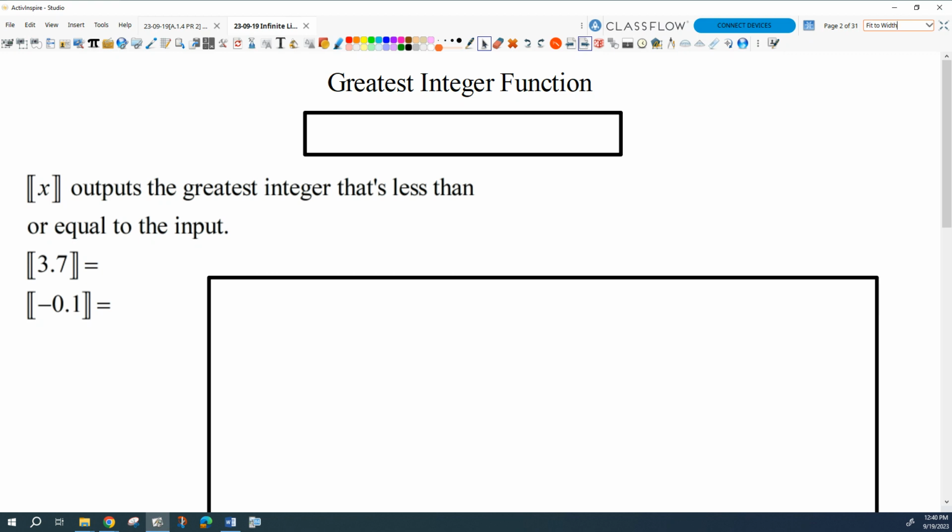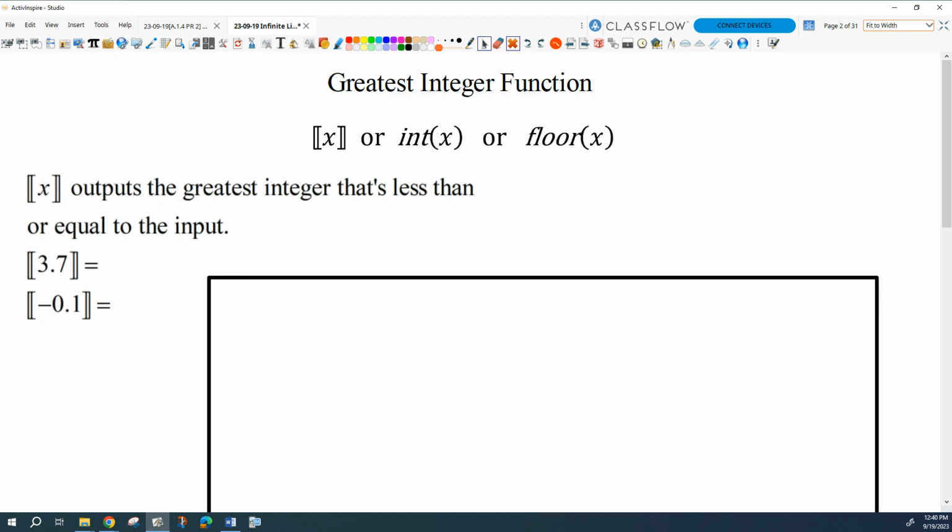Some other ways of saying this: a lot of times, on Desmos or on your TI-84s, it'll be int, for greatest integer function. Int stands for integer, or it could be a floor function. Floor means you're rounding down. Ceiling function means you're rounding up. You're just doing kind of the opposite.